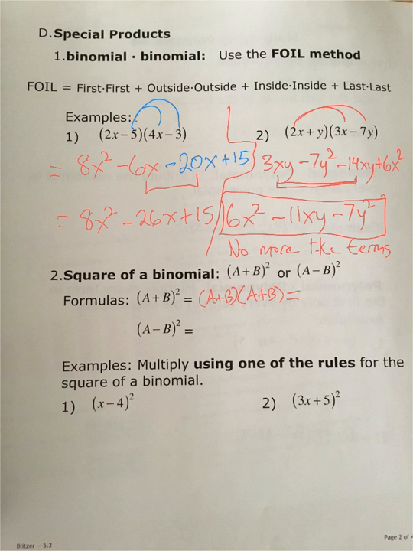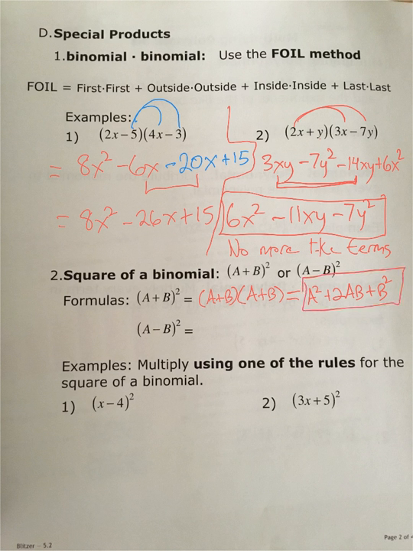After you FOIL and combine your like terms, because you have to combine your like terms at the end, after you go through that whole progression, what you end up with is a squared plus 2ab plus b squared. I don't have enough screen room to show all that, but we're going to use this real soon so you can see it for yourselves. So there's our formula right there.